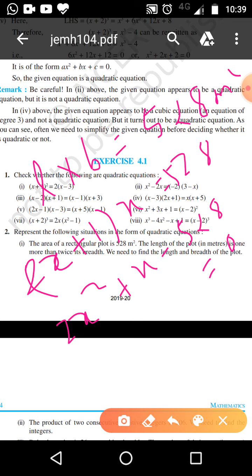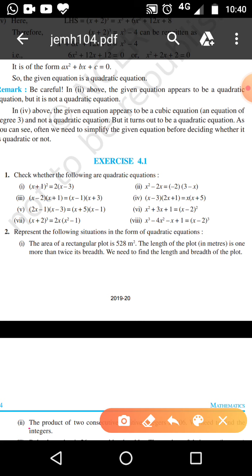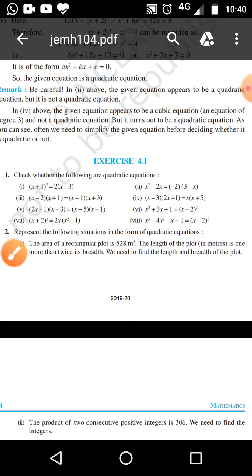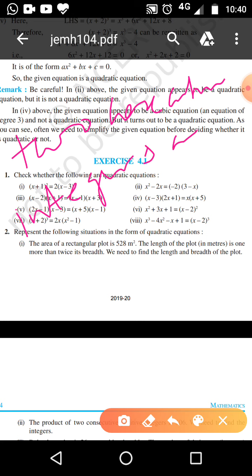Okay, now we shall discuss the second one. The product of two consecutive positive integers is 306. We need to find the integers. Let us consider the two consecutive integers to be x and x plus 1.